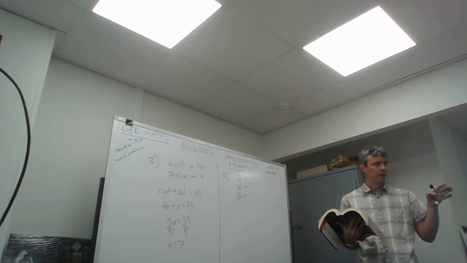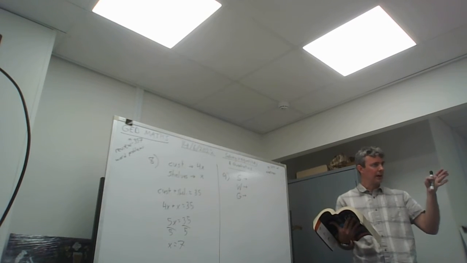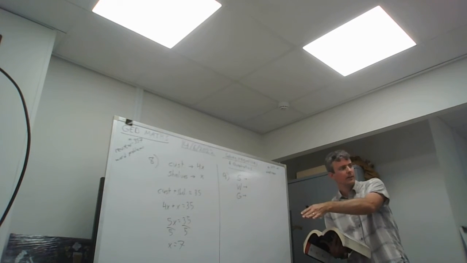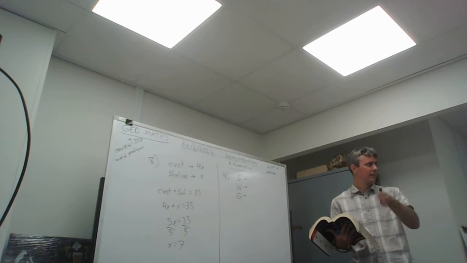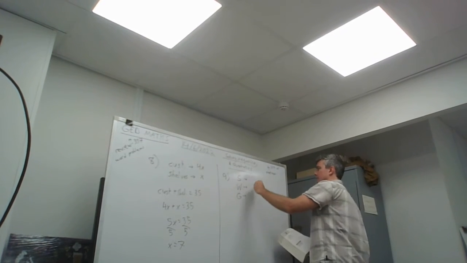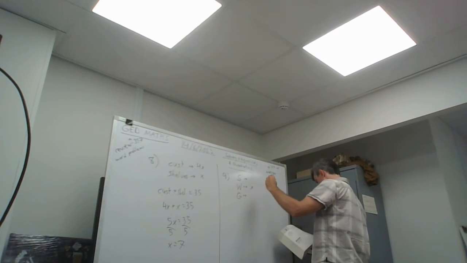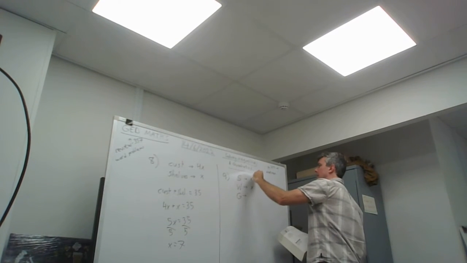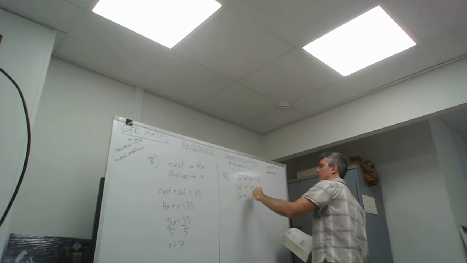Wiley is the simple one, because Sylvia is 10 more than Wiley, and Greg is 6 less than Wiley. So Wiley becomes the X. If we write X, then Sylvia is X plus 10, and Greg is X minus 6.